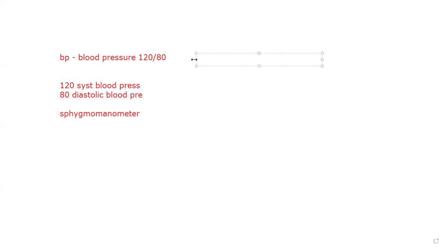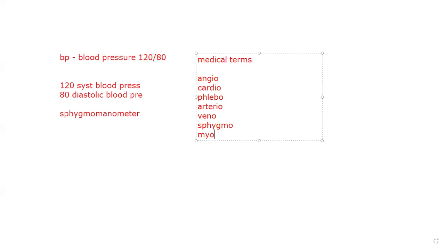Coming to the medical terms of the cardiovascular system, they will ask angio, cardio, phlebo, arterio, veno, sphygmo, myo.